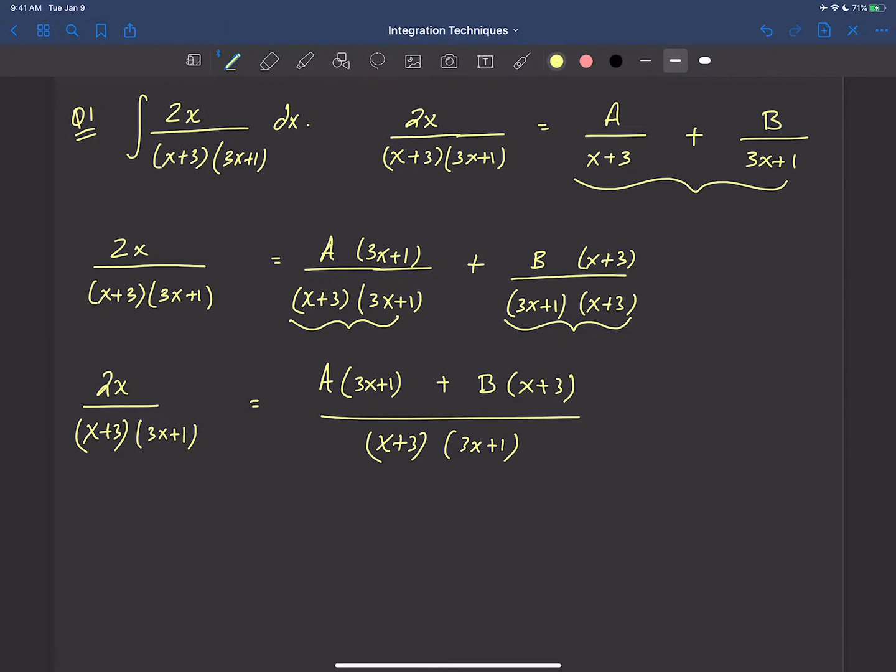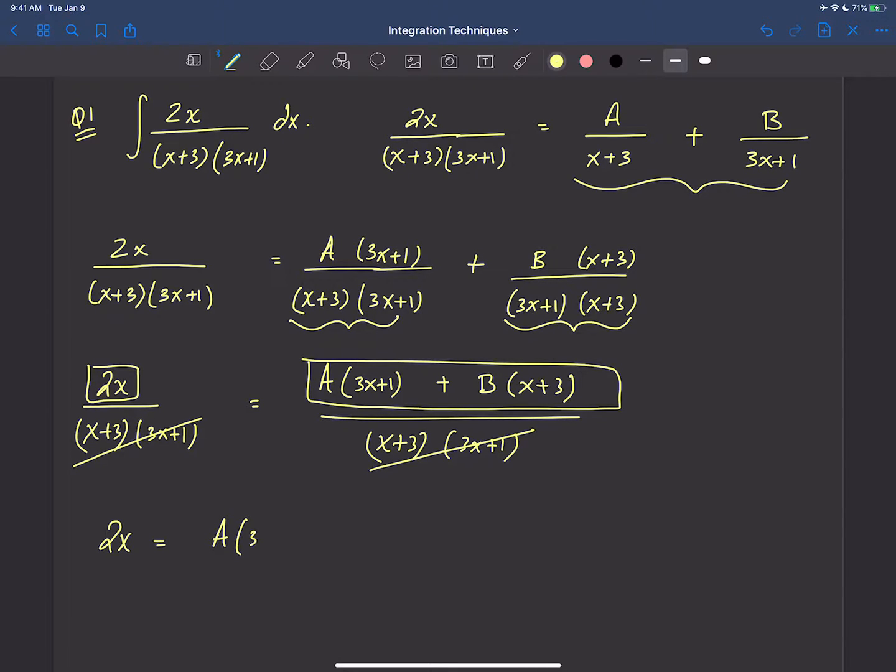Now when you have two fractions on both sides, you want to compare them. Since the denominator is the same, you can get them out of the way. If they have to be equal, then their numerators must be equal as well, right? So from this, what we have is 2x must be equal to a times 3x plus 1 plus b times x plus 3.